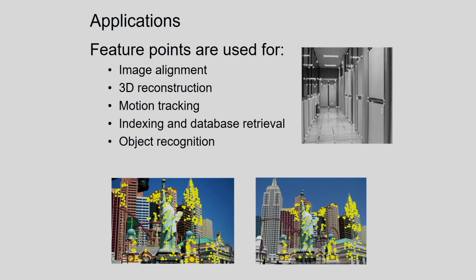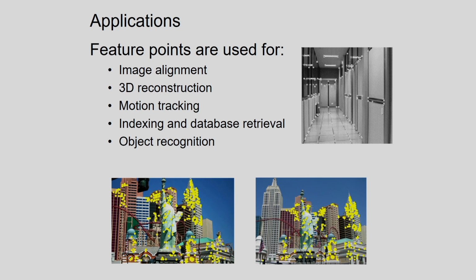And already I have mentioned the applications of the interest points. The applications may be image alignment. For this I have to determine the interest points, and based on them I can do image alignment. For 3D reconstruction, for example motion tracking, I also have to extract interest points.